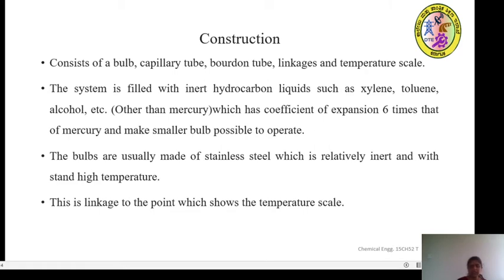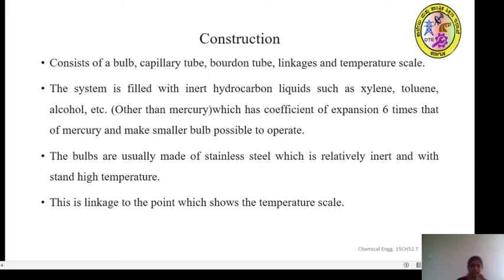Another property is that it should have a high boiling point, so that it does not vaporize at higher temperature. And the liquid should expand evenly with the temperature in the measuring range. So this is another property a liquid should possess: even expansion with the increase or decrease in temperature, which helps in the measuring range of the instrument.